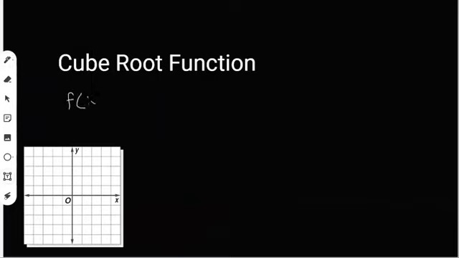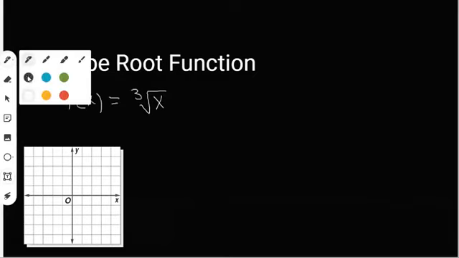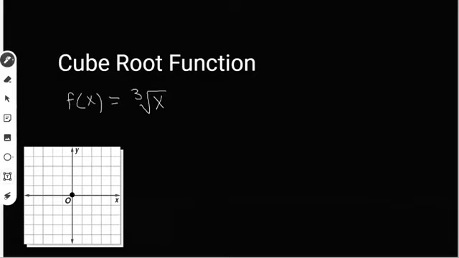It's f of x equals cube root of x. So there's a difference between a square root and a cube root. The cube root function is going to look like this. It's going to have a point at 0, 0. It's going to point at 1, 1, and negative 1, negative 1.